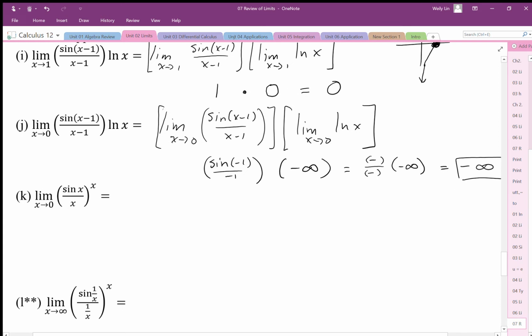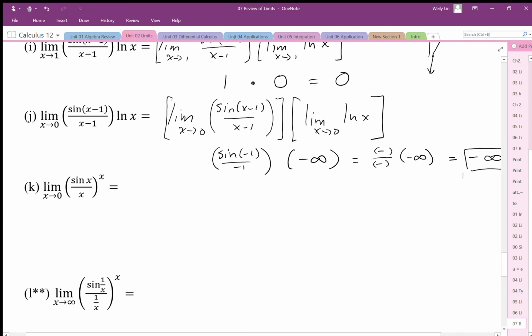Moving on to this one here, we can just apply the limit to the base. So we do the limit as x goes to 0 of sine x over x, and I'm just going to pull this down a little bit to give myself more space to work.